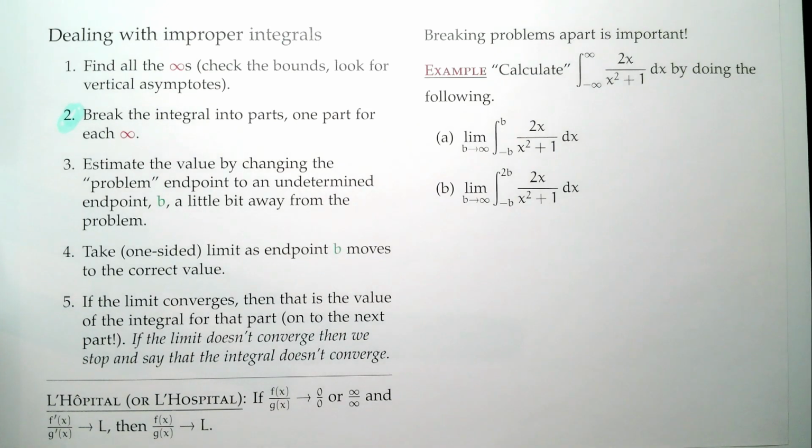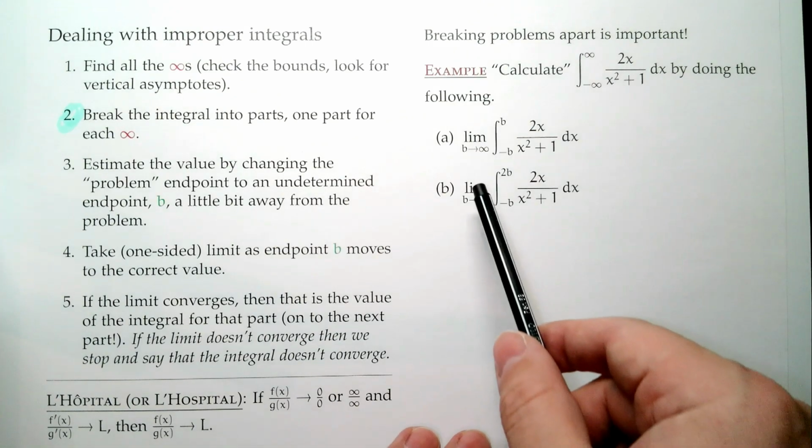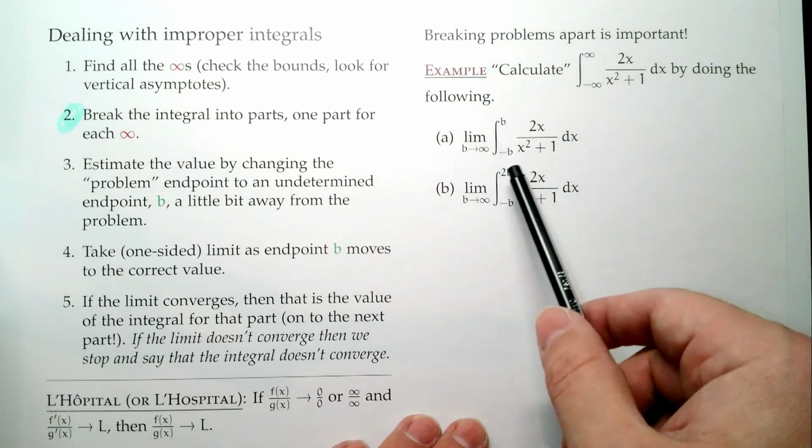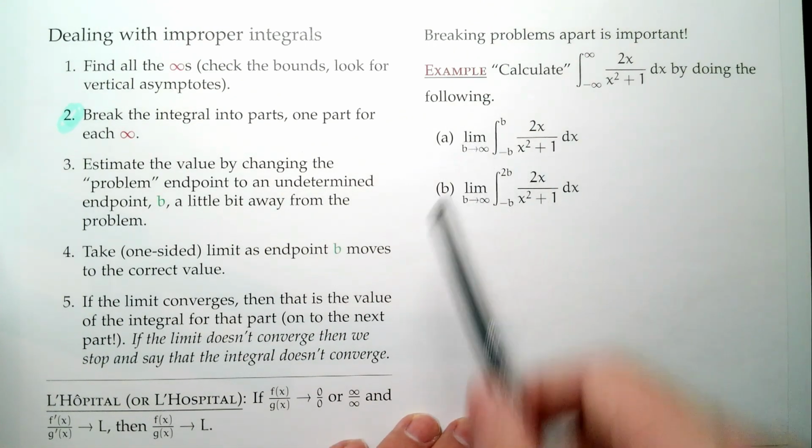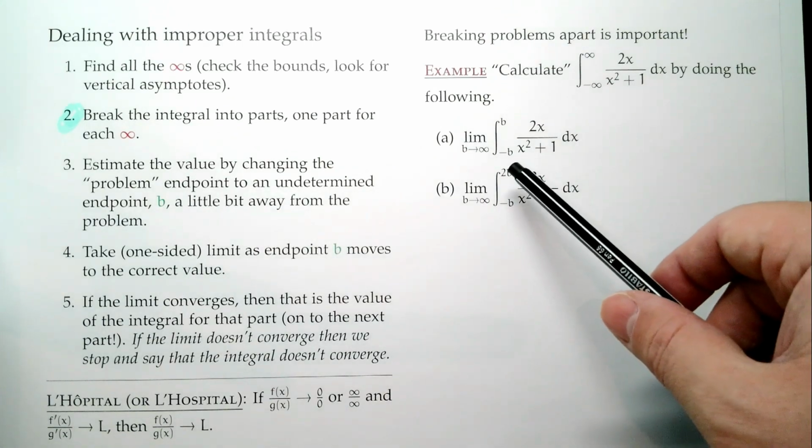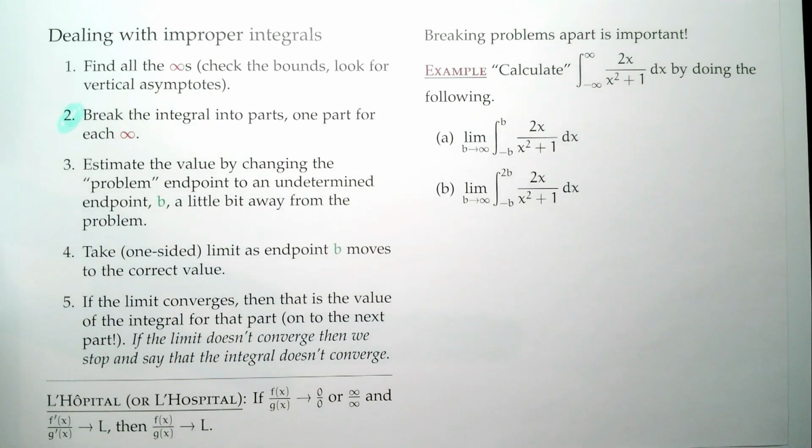What we want to do is compute it in two reasonable ways, though one of them is more reasonable perhaps than the other. So part A. We're going to take the limit as b goes to infinity of the integral from negative b to b. So notice as b gets big, we're going from a large negative to a large positive. And so as we take the limit, we're definitely covering everything, minus infinity to plus infinity.